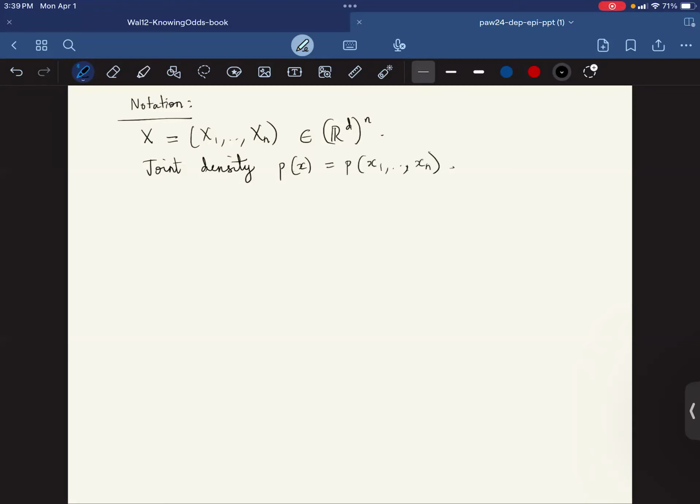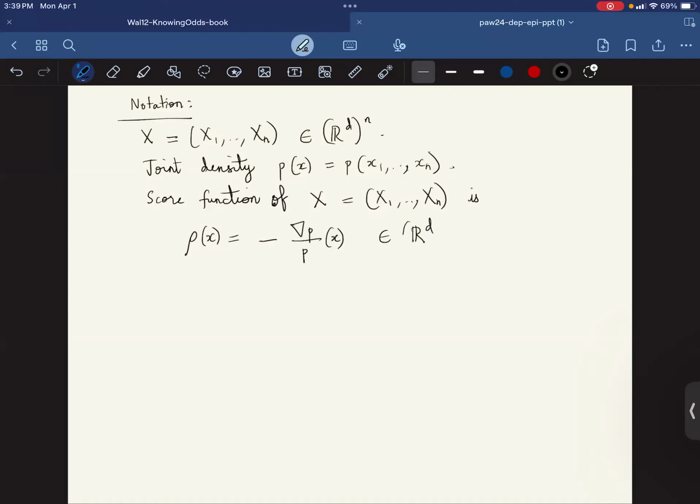And so now we can talk about the score function. We talked about the score function when defining Fisher information, but we need slightly more discussion of this. The score function of this vector x, which is x1 through xn, is going to be defined in the following way. It's rho of x, which is minus, as usual, grad p over p of x, and this lies in R to the d to the n.